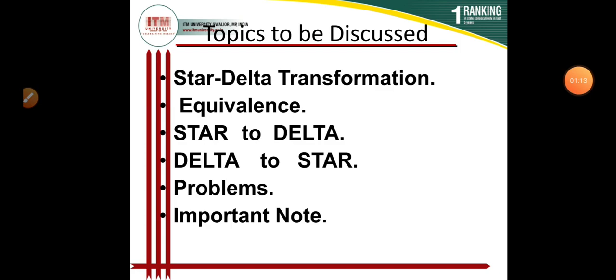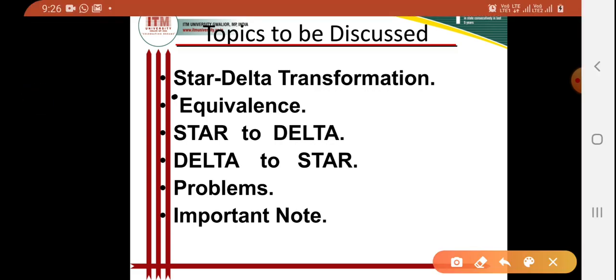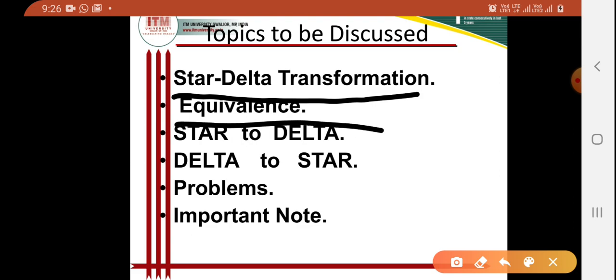In this class I want to discuss these things in the star delta transformation method. First, what is star delta transformation, then the equivalent circuit of that, then star to delta, then delta to star.